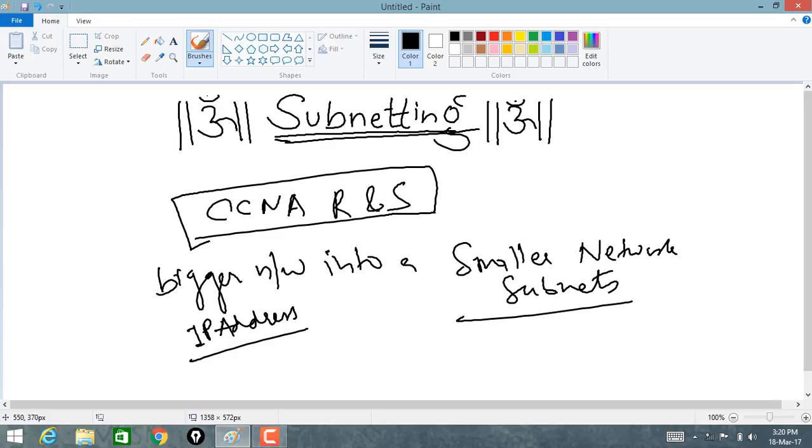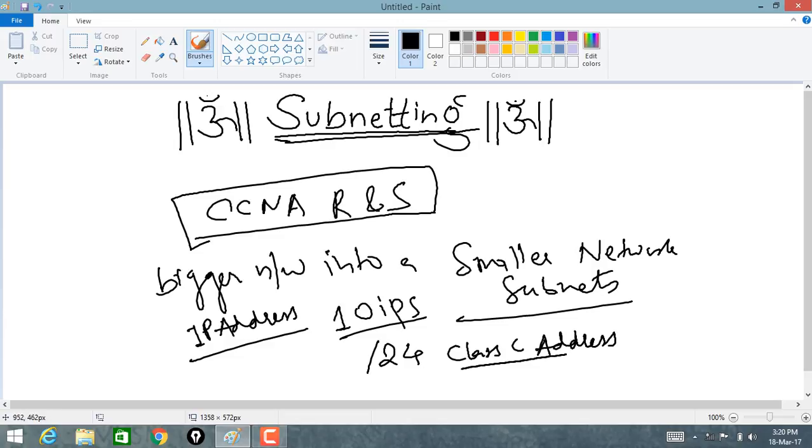For example, when we need only 10 IPs and we use a /24, that is a class C address subnet, then we are actually using 256 IPs.